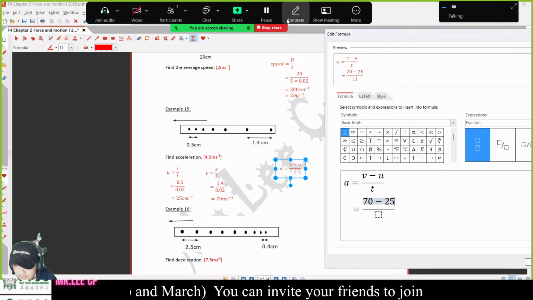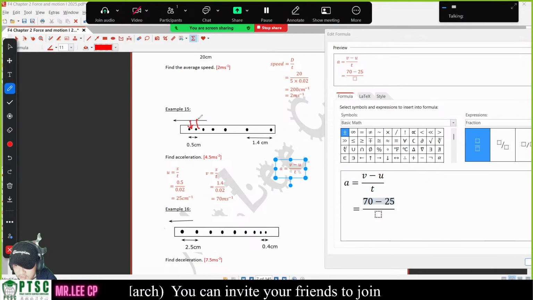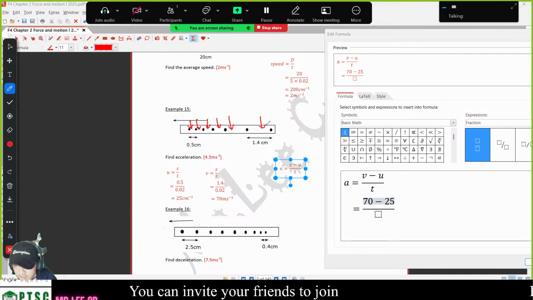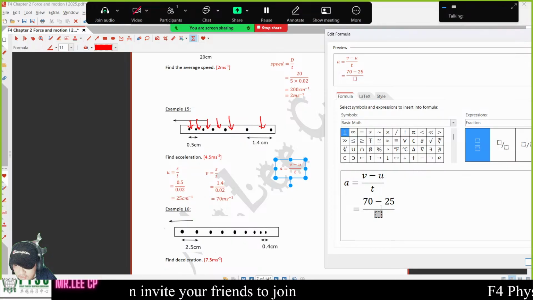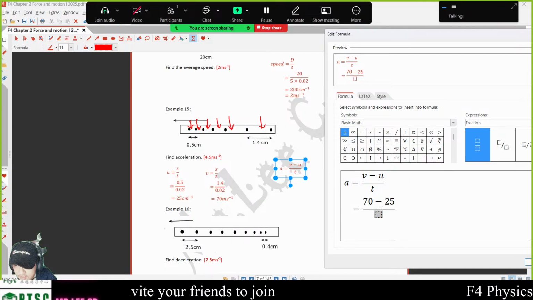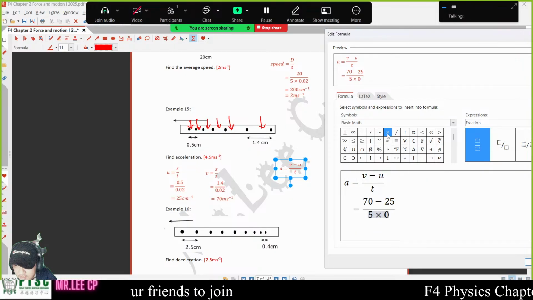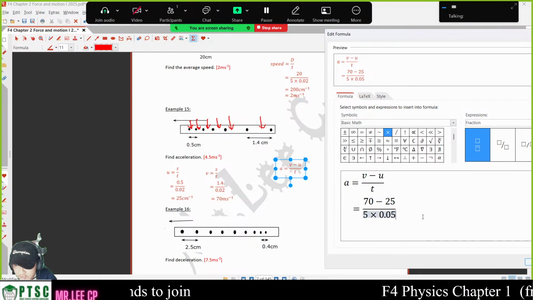Now you need to calculate how many ticks: 1, 2, 3, 4, 5, 6 ticks. When you calculate acceleration, you need to minus 1 tick. So of 6 ticks, you use 5 ticks only. Why? I will tell you later. Now you accept it first.